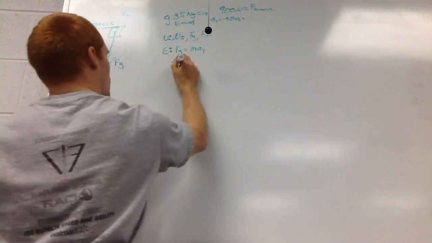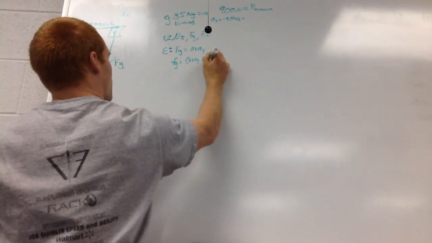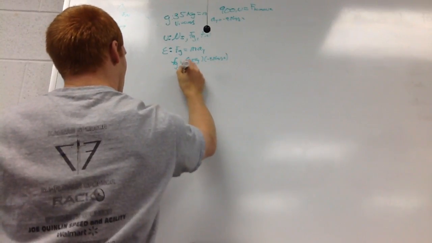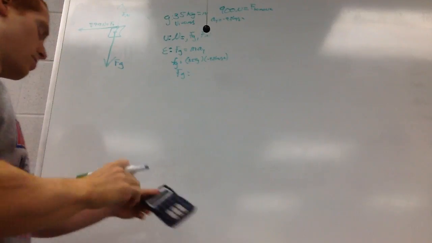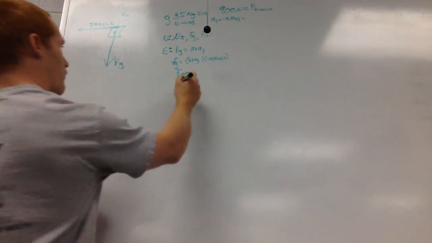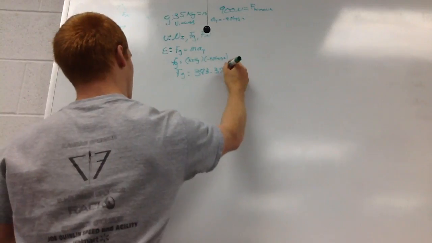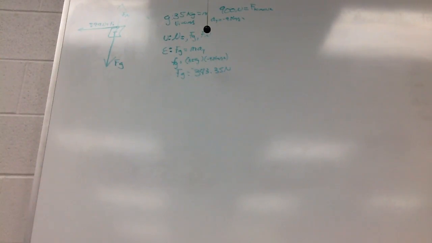To get Fg, we take 35 kilograms and multiply it by negative 9.81 meters per second squared. You'll get 343.35 newtons, and it'll be negative because it's going downward. So now we've got Fg.